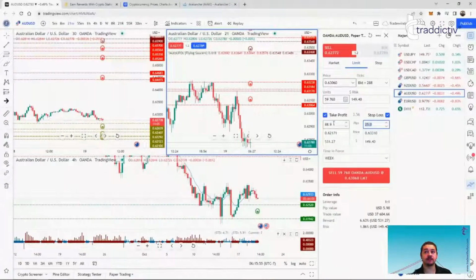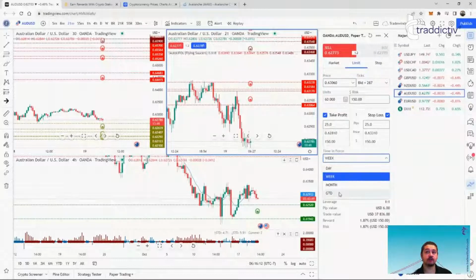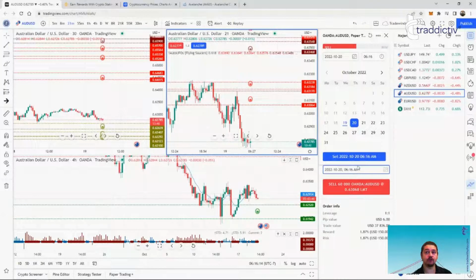All right, so that means our T1 and 1-to-1 profit target will be at 63.31. Our T1 is at 62.810. Now, last thing that I do want to put in here would be time in force. We said we got about 20 hours for this trade to work.